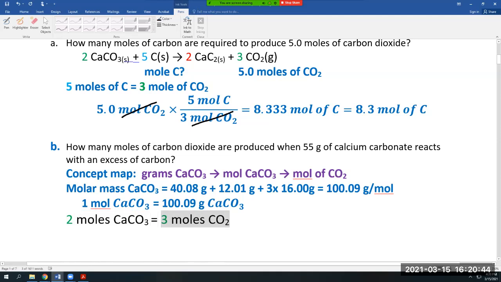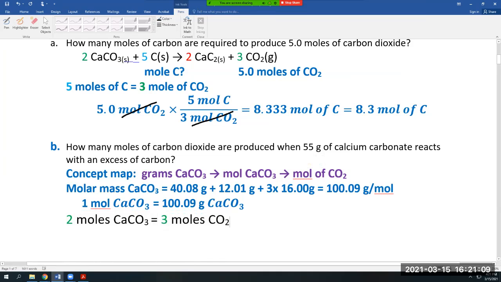And again, we use the equal sign here, but what it really means is that 2 moles are producing 3 moles of CO2, or will allow you to obtain 3 moles of CO2. So that's the second equality needed here for the second conversion. So we have all the equalities we need.